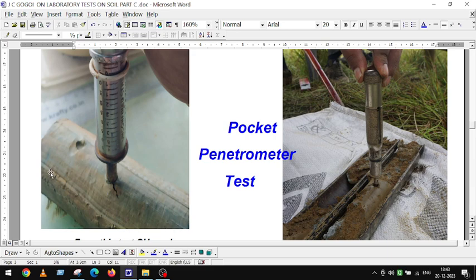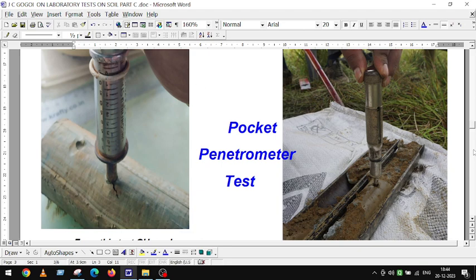It is a clay SPT sample. We penetrate up to this mark, and we get 1 kg per cm square UCC value. That is, the compressive strength is 1 kg per cm square.